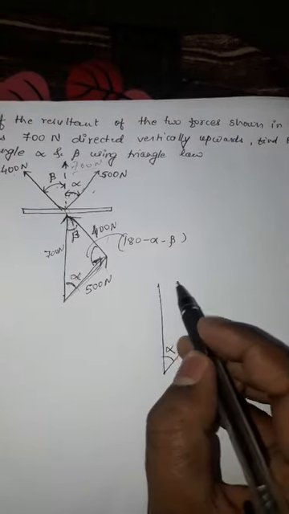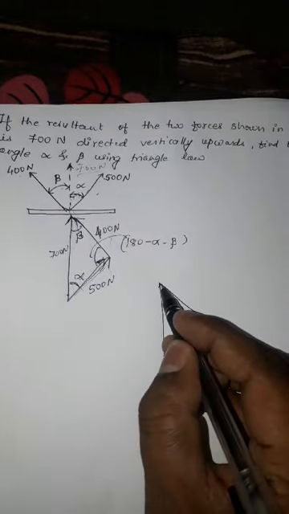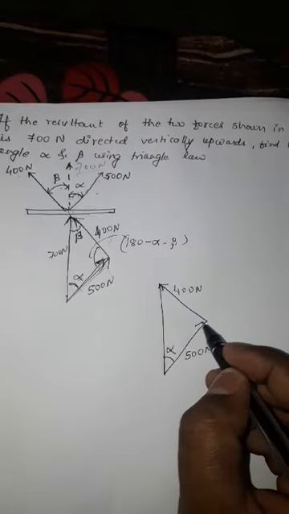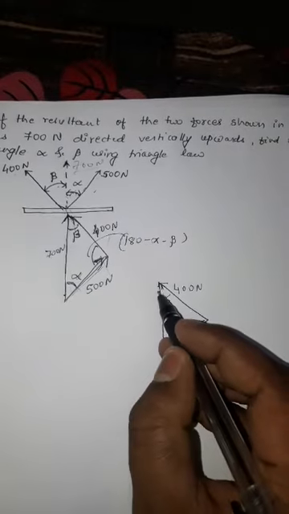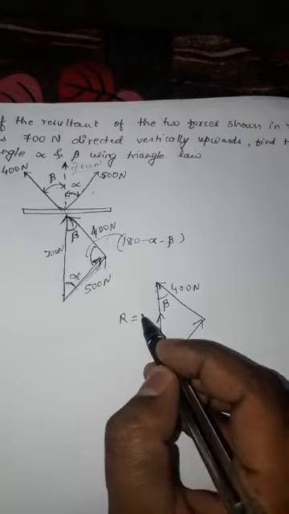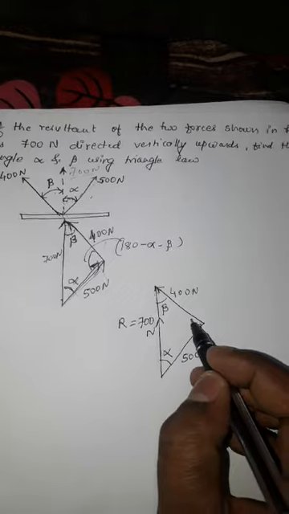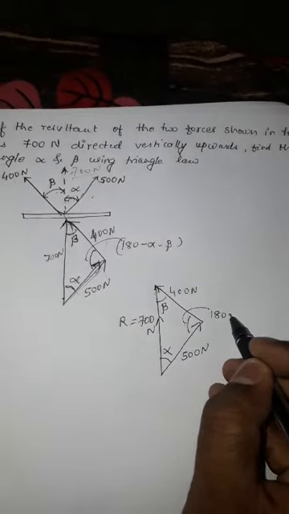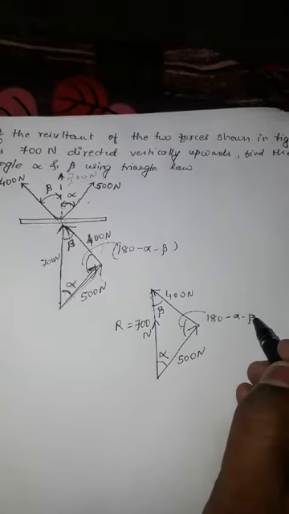This is the angle made by 400 Newton. This is the 400 Newton force. This angle as beta I have already calculated, and this will represent your resultant, which is equal to the value they have given you for the resultant, vertically upward 700 Newton, and this angle I have calculated as 180 minus alpha minus beta.